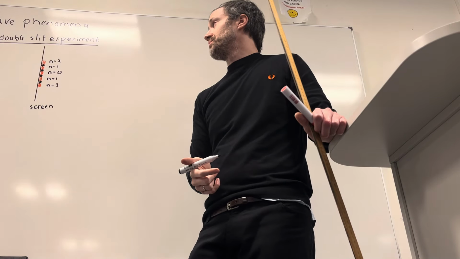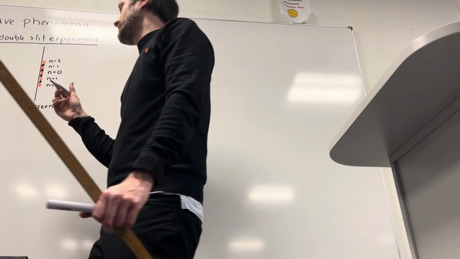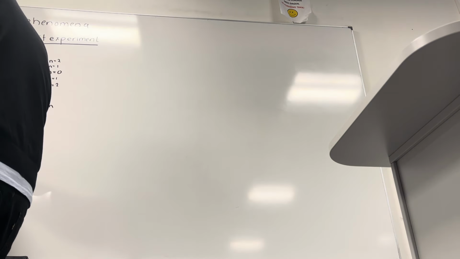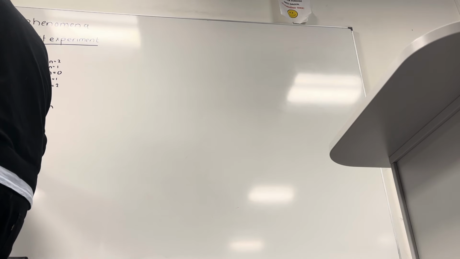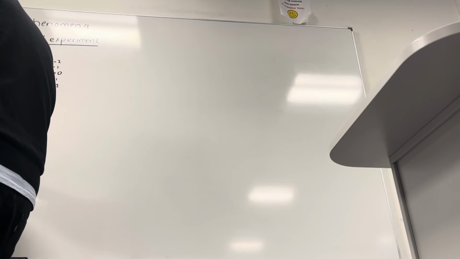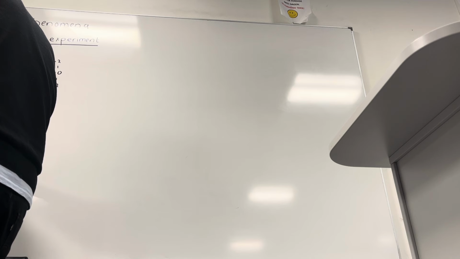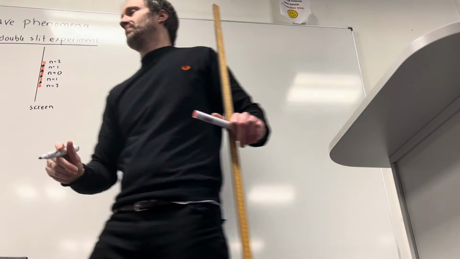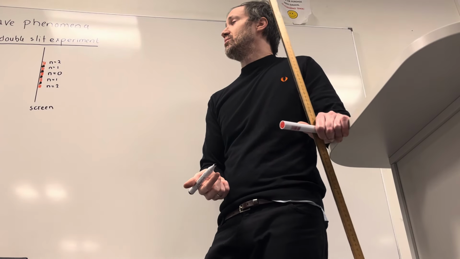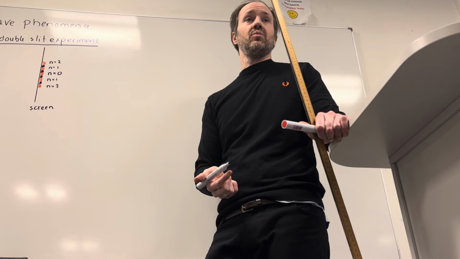And we wrote down a formula saying that S is equal to the wavelength times the distance d divided by small letter. Do you remember what S is? What is S?